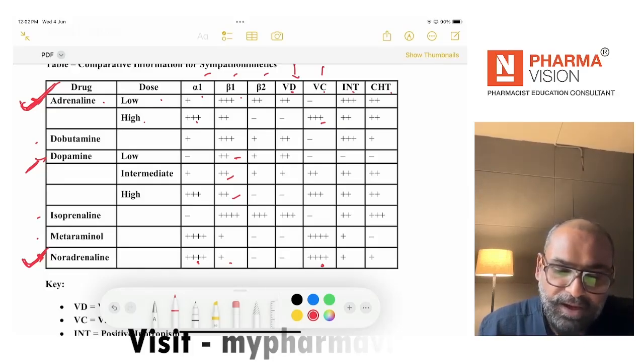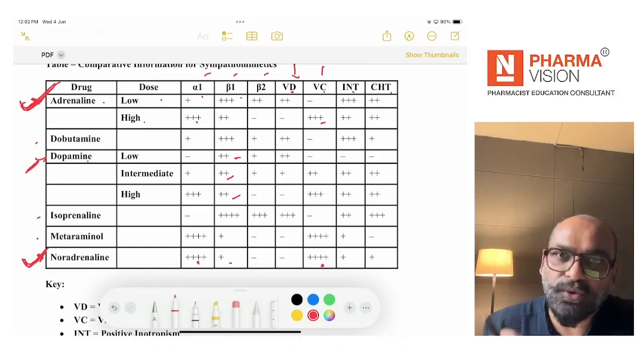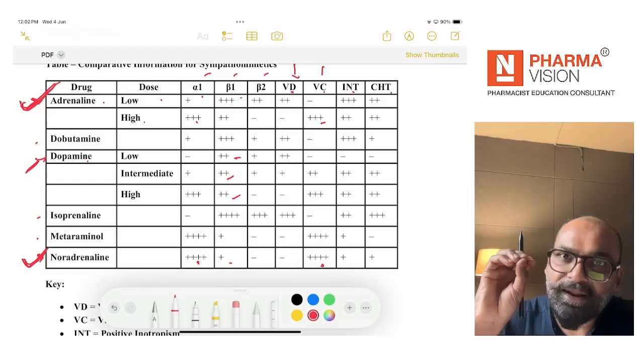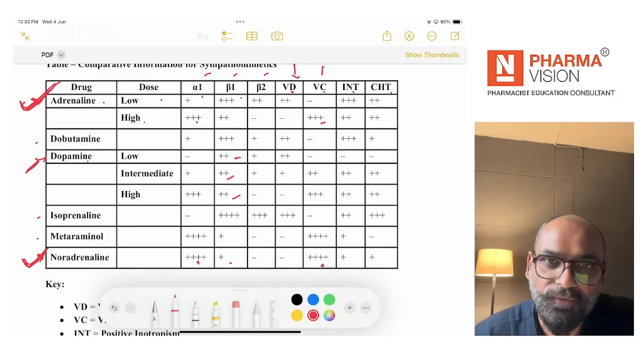Okay, so that means dopamine is a very important medication when the patient is in cardiogenic shock or any other shock like anaphylactic shock, where the entire system is collapsed. In that situation we require two things. One is a medication that acts on the blood vessels, and also a medication that improves the cardiac outflow.